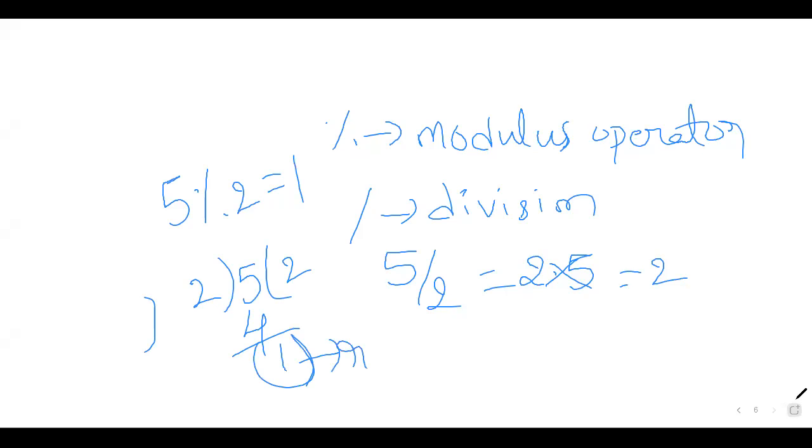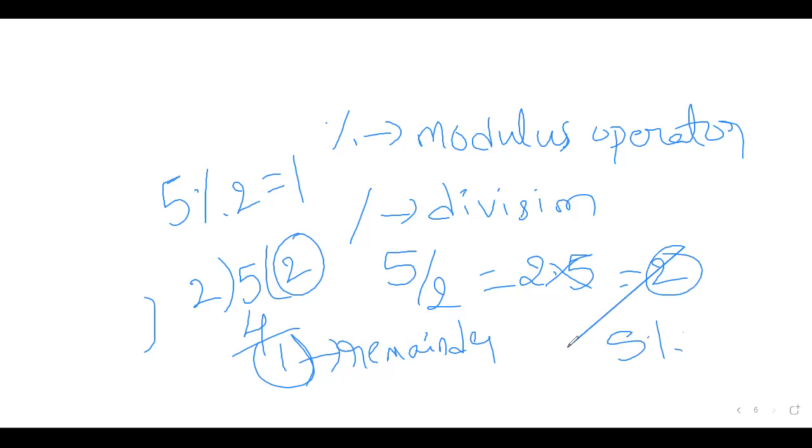So this remainder will come when you apply the percentage operator, means modulus, and 2 will be received when you apply the division operator. So this is the difference between modulus and division. When I say 5 by 2, I will get 2. When I say 5 modulus 2, I will get 1.